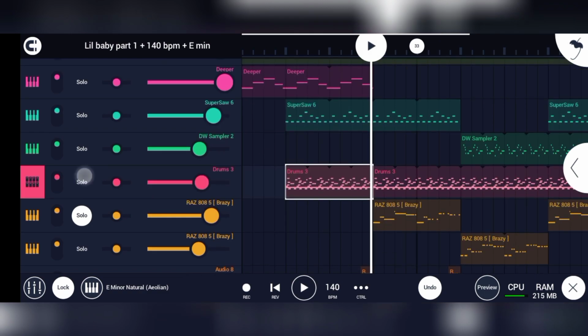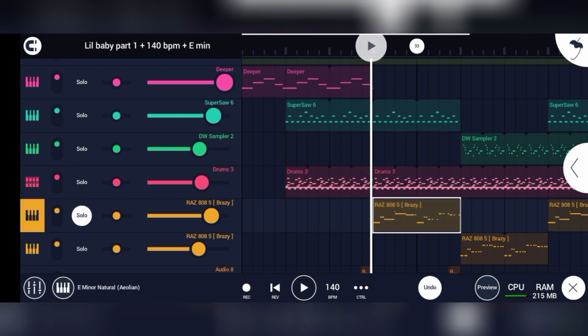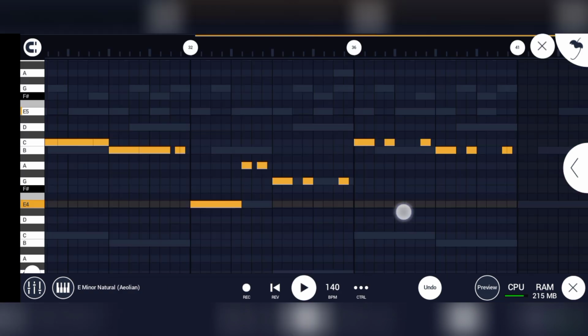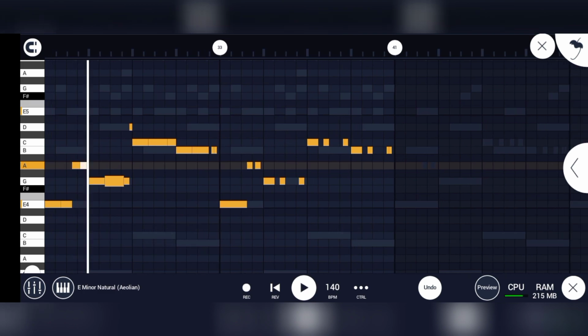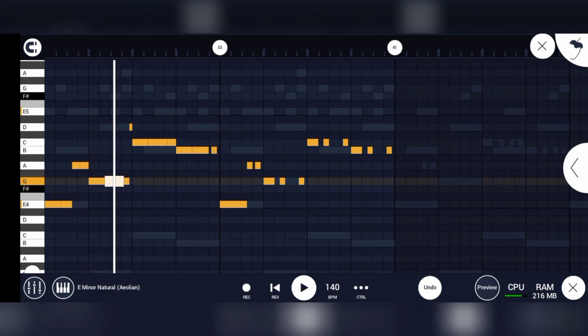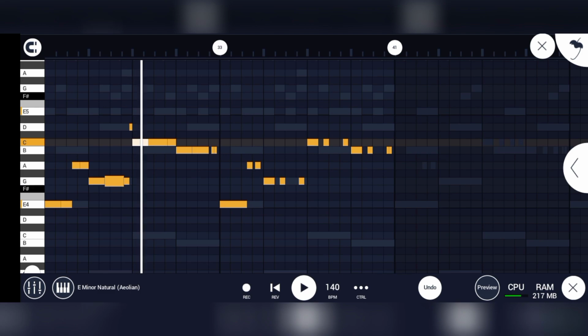So man, the last thing was the 808. No, I mean second last, because there is the last thing which is the flute. But when it comes to 808, I had to follow the root notes.